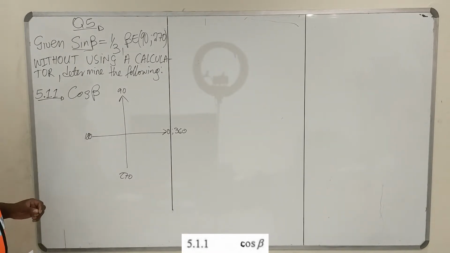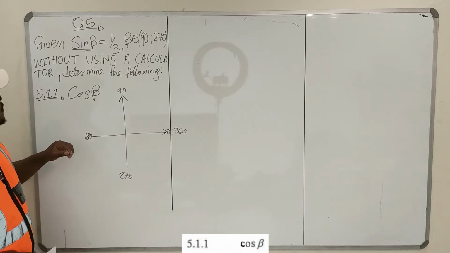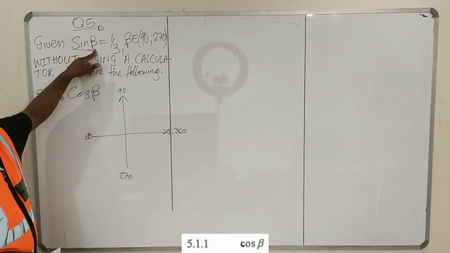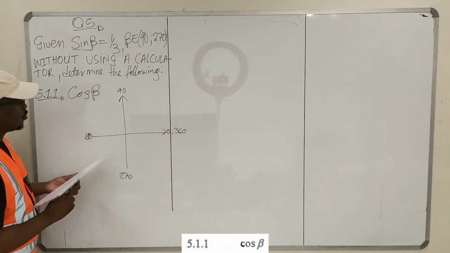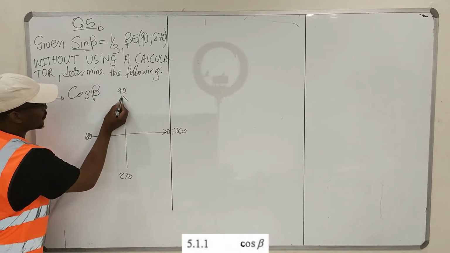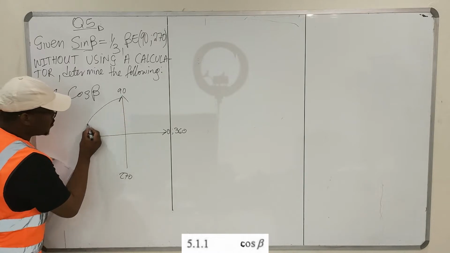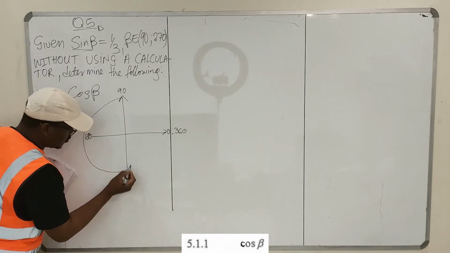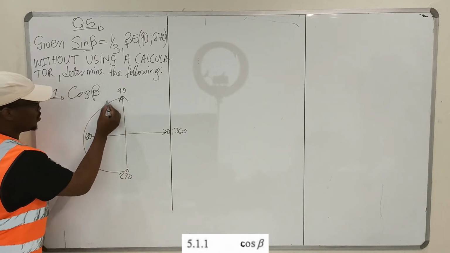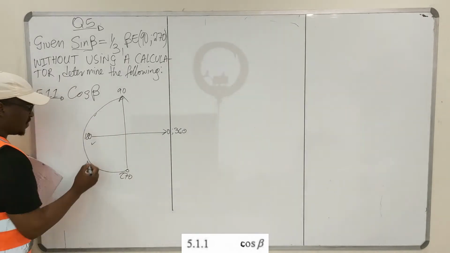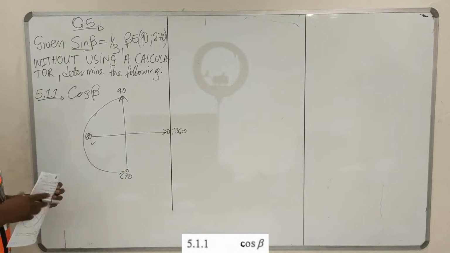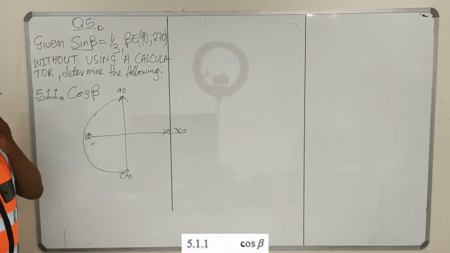So they are saying that your beta, which is your angle, is between 90 and 270. Your beta is between these two positions. It's either the second quadrant or the third quadrant, right?